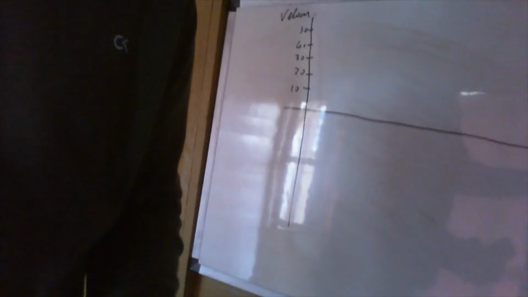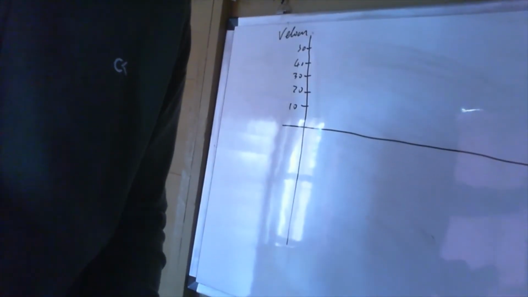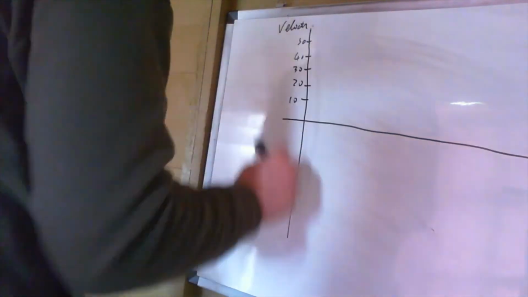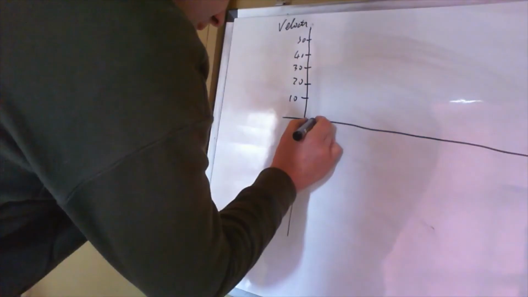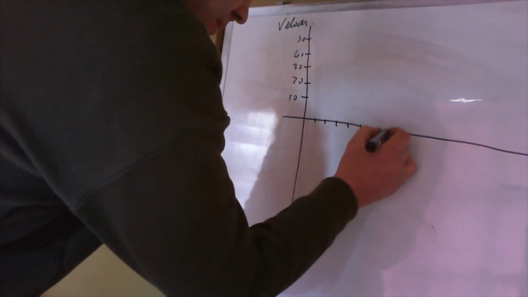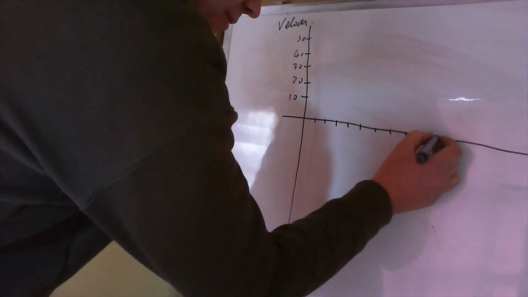Right, so it's velocity. Can you see that? Velocity time graph. And this is time. Then we'll do V gradients, graticules.